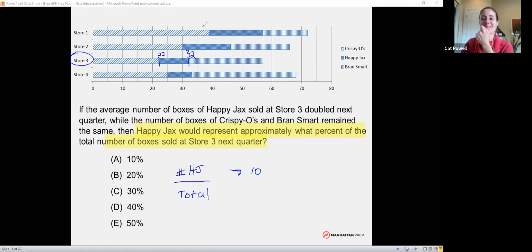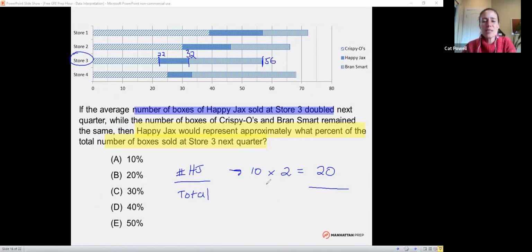Yep. This is the twist. I know that the number of boxes of Happy Jacks doubled. So I have 10 this quarter. I read my graph correctly, but now I'm going to multiply this by 2 because it's doubling. So I get 20 boxes of Happy Jacks. And then I see here, this is maybe like 56, 57.